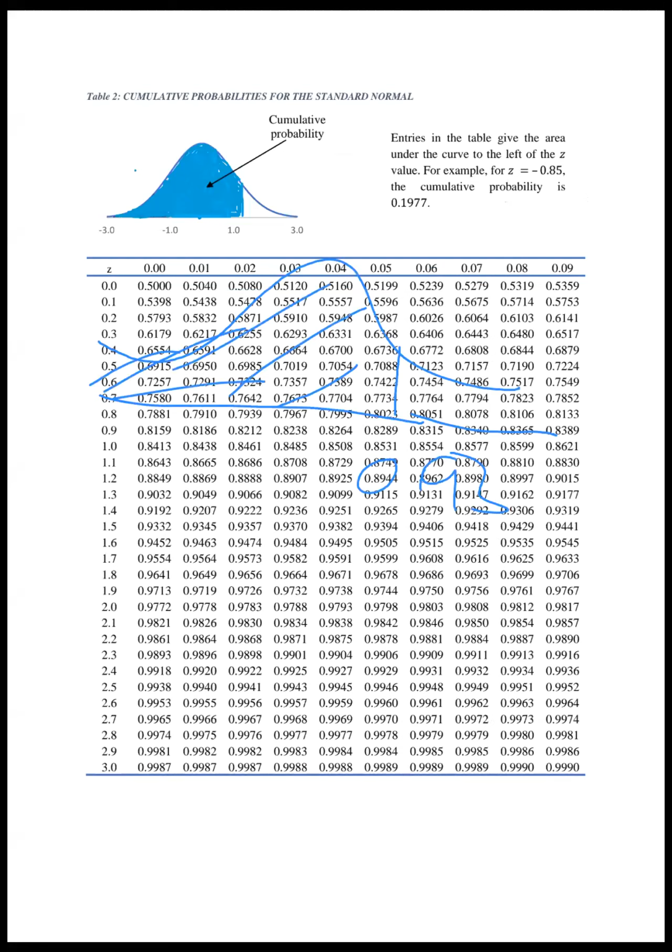So we just go where 0.93 can be broken down into 0.9 and 0.03, which still gives us 0.93. Let's go where there is 0.9 here and 0.03 here.